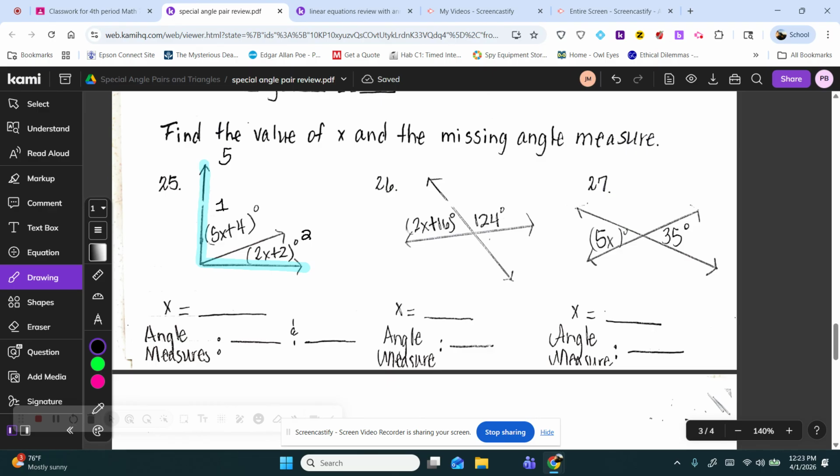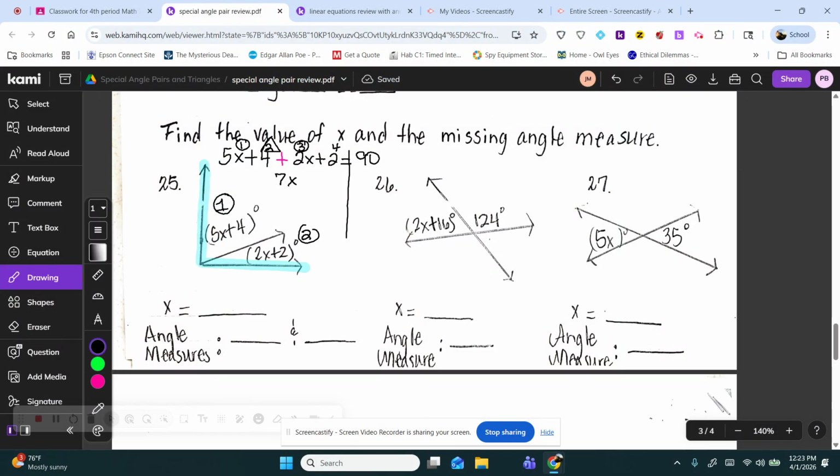So you're gonna take what's in angle 1, which is 5x plus 4. You're gonna add it to what's in angle 2, which is 2x plus 2. And you're gonna set it equal to 90. And then you're gonna combine like terms. So you're gonna combine the x terms, making that 7x.